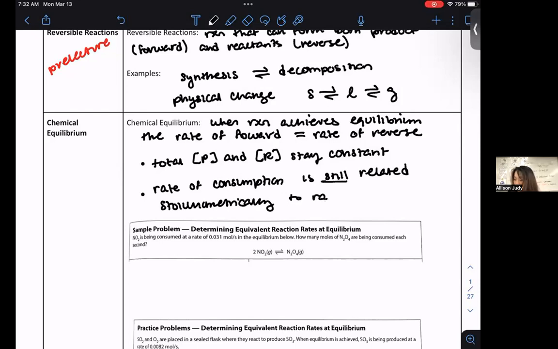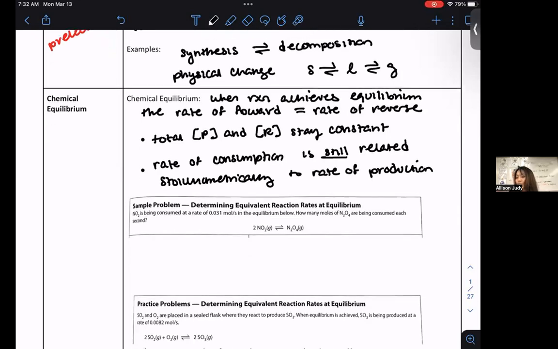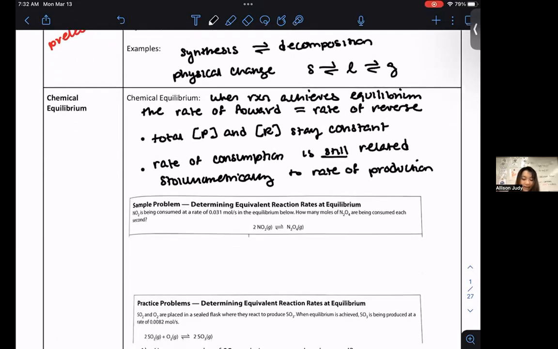Okay. So that's just a reminder that all of the previous ways that we've connected product and reactant don't disappear in this, right? That is probably a given, but I have to say it.